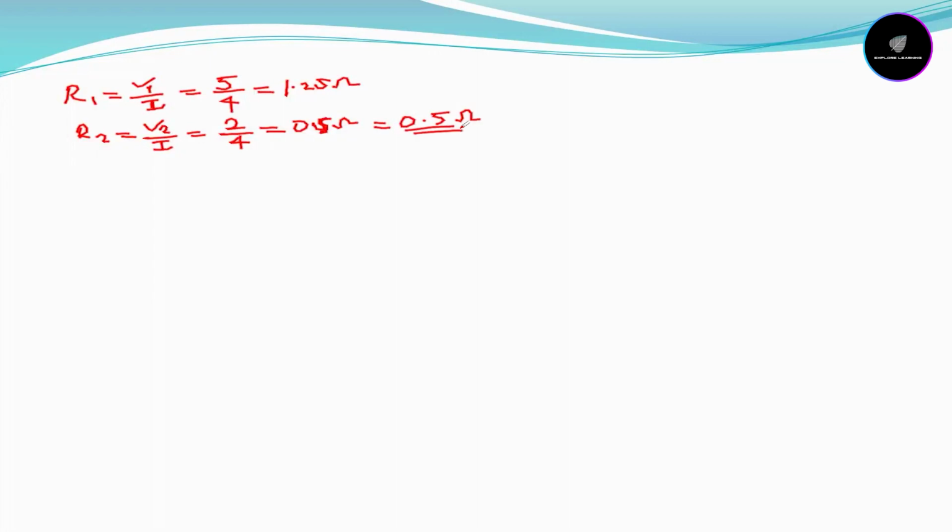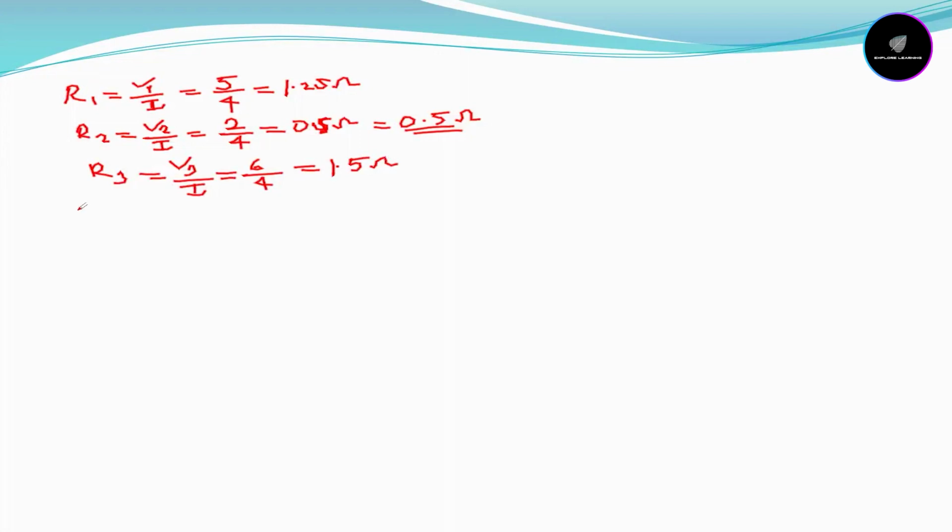So R3 equal to V3 divided by I. V3 has been given to us as 6 divided by 4, which is the current. Then this is going to give us 1.5 ohms. Now we have gotten each of these resistances for R1, R2, and R3.